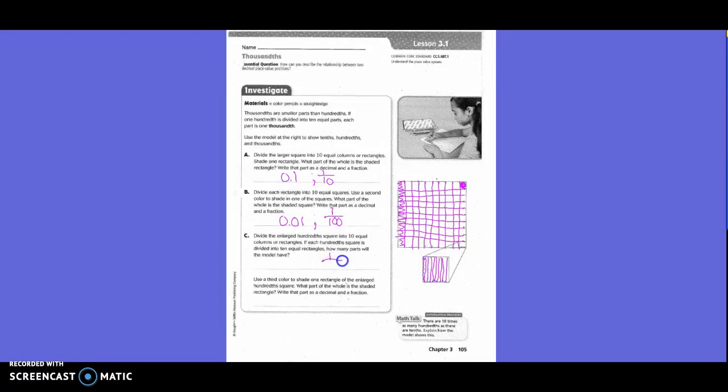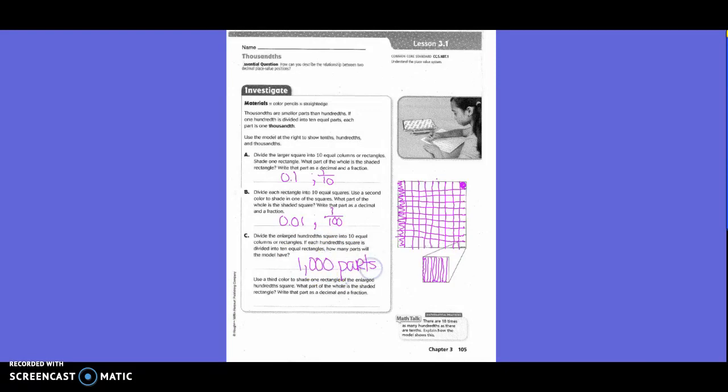We would have one what? 1/1,000. Because we multiplied by 10 again, right? So 100 times 10 gets us 1,000. Oh, and I'm getting ahead of myself a little bit here because we just made it into how many parts? 1,000 parts.